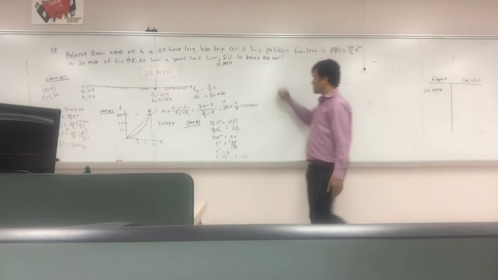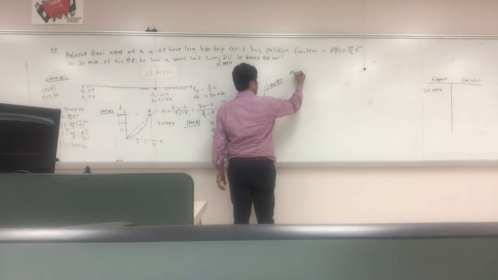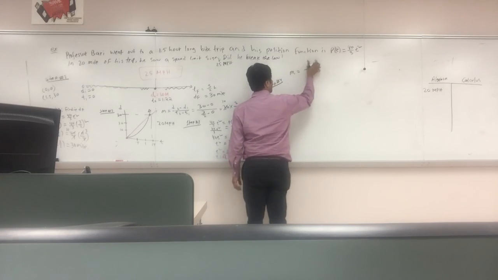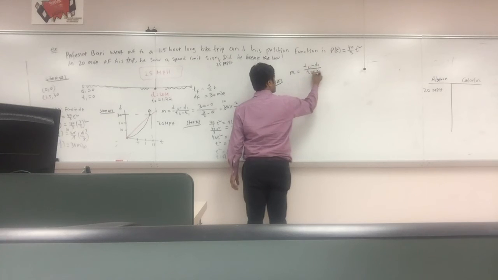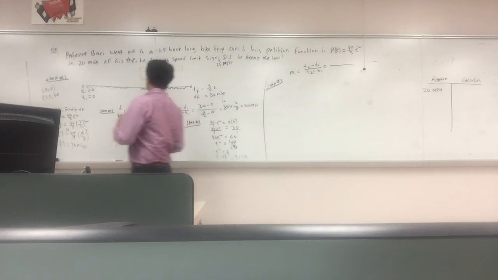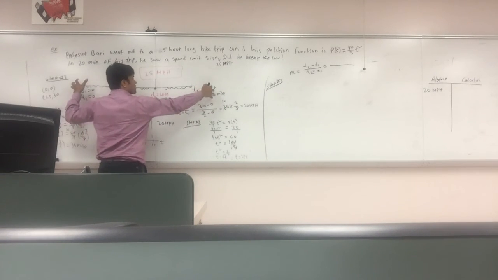Let's see the next one. Step 4. We're going to write y2 minus y1 over x2 minus x1, but instead of y we're going to write d2, d1, and t2 and t1. In this case we're going to create a much smaller interval. We're not going to use that interval.